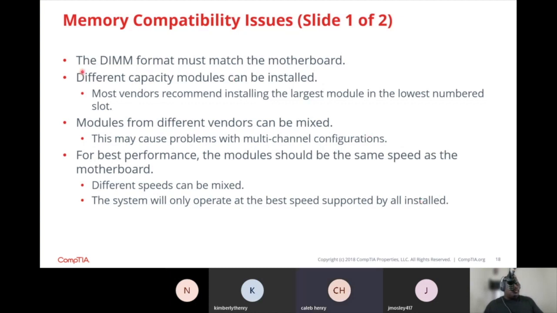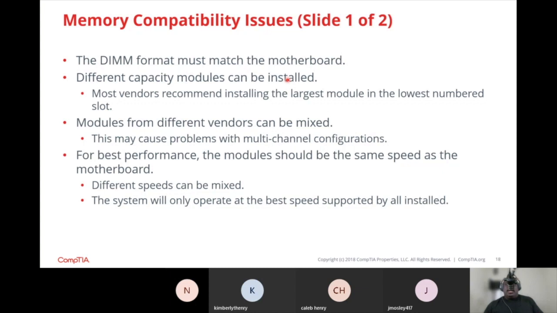So remember, when you're installing it, the DIMM must match the motherboard. Different capacity modules can be installed, meaning that if they're the same type of chip, so you can have two DDR4 1600s, but one has 8 gigs of RAM and the other one has 4, so that you have a total of 12 gigs of RAM. That's okay.